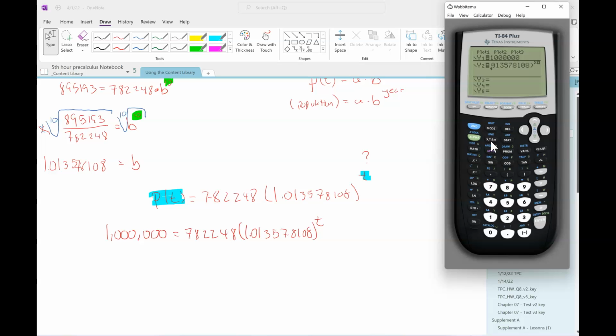Everybody's okay with what I just typed in? Now, if I just hit zoom standard, I'm going to see a fat lot of nothing. So I'm going to reset my window, and I'm going to do this kind of intelligently.